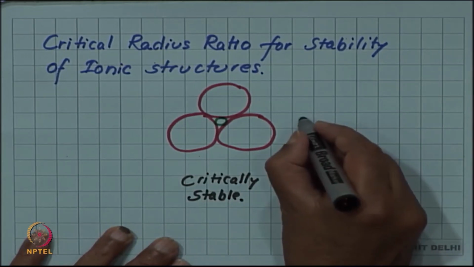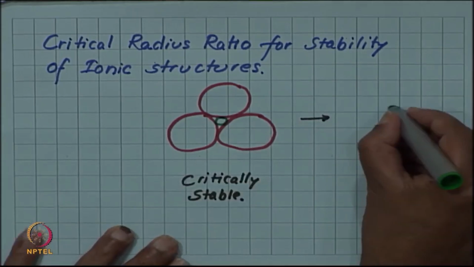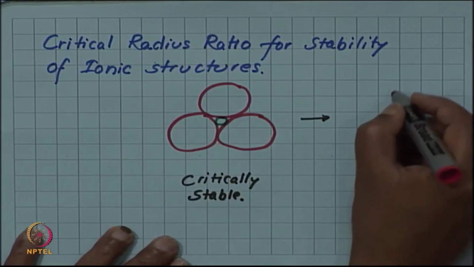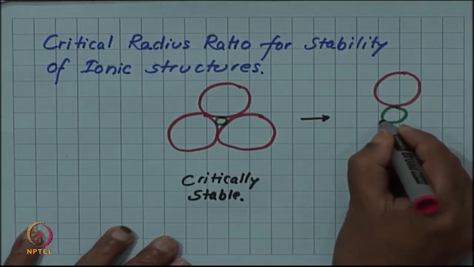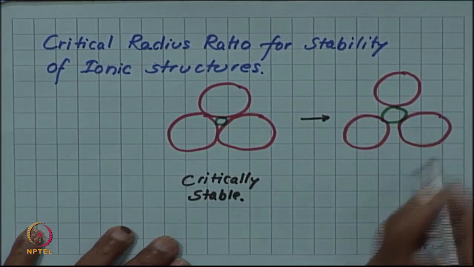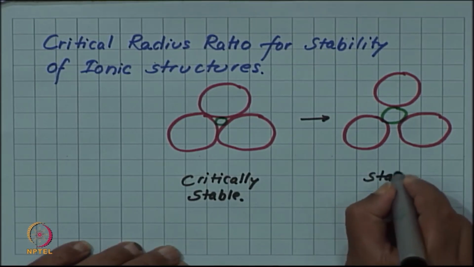And what we really want to make it stable is to make the cation still larger, so that the anions are separated out of contact. So this is what we called stable.